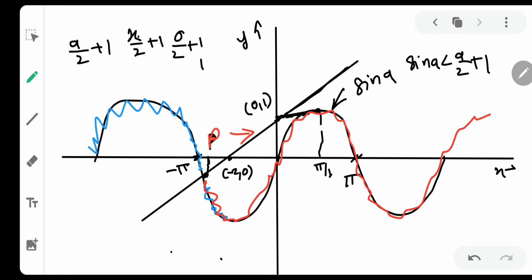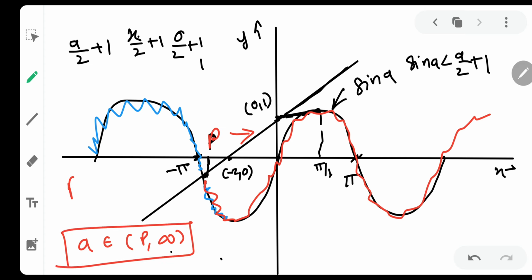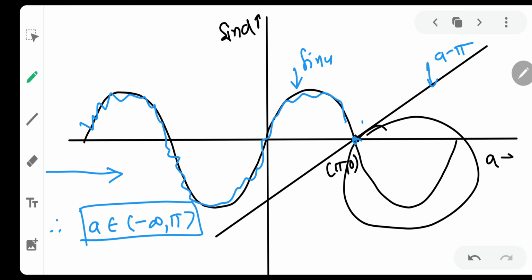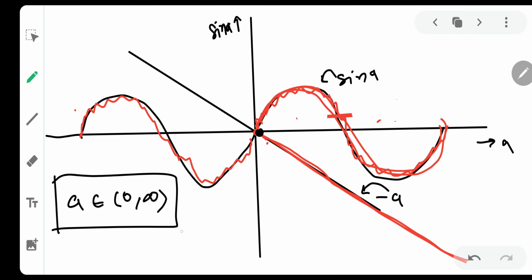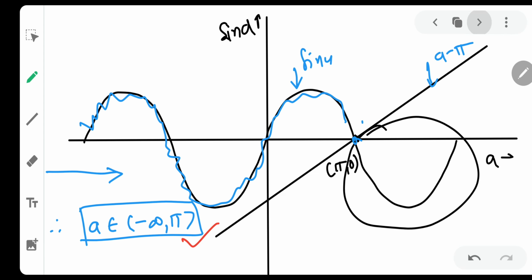So I will say that a belongs to p to infinity, where p is a negative number, p is less than 0. Now you might have understood why I did so, because when I solve the inequality, it will be crystal clear in your mind. So these three inequalities are there: 0 to infinity, minus infinity to pi, and p to infinity.